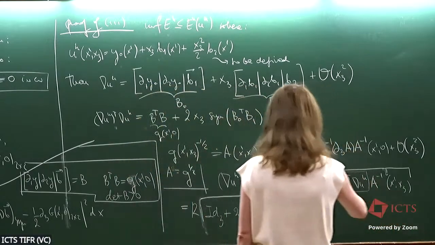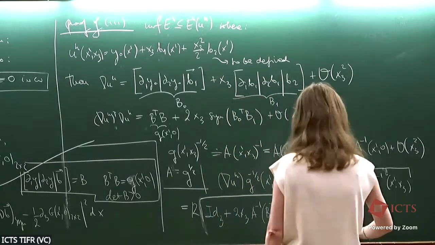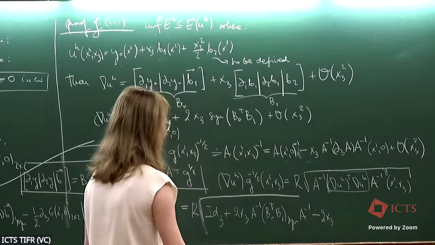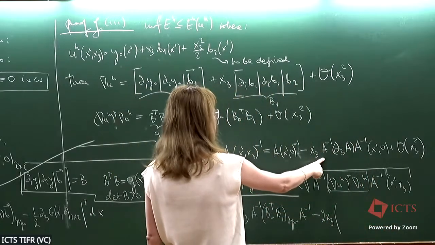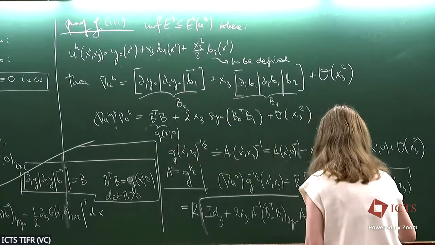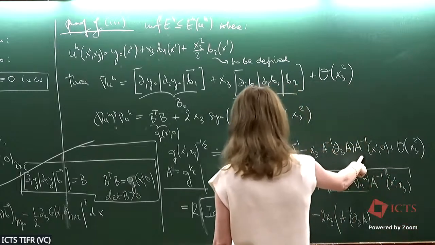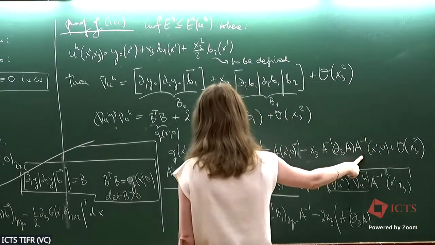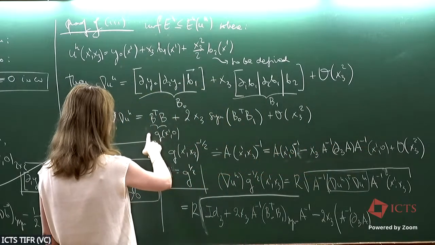There is this minus sign here, so minus 2x3 symmetric part of, so I have A inverse D3A, A inverse, but then it's multiplied by G, which is A squared.